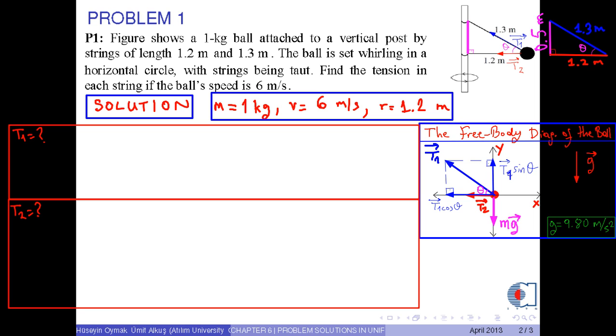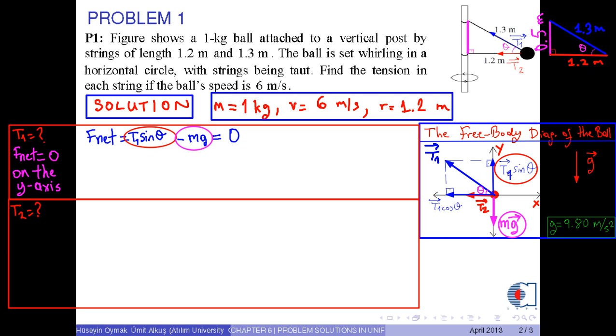In this problem, you see that there is no motion in the vertical direction. So, net force is 0 in the y-axis. So that F net equals T1 times sin theta minus m times g. Then T1 times sin theta equals m times g.